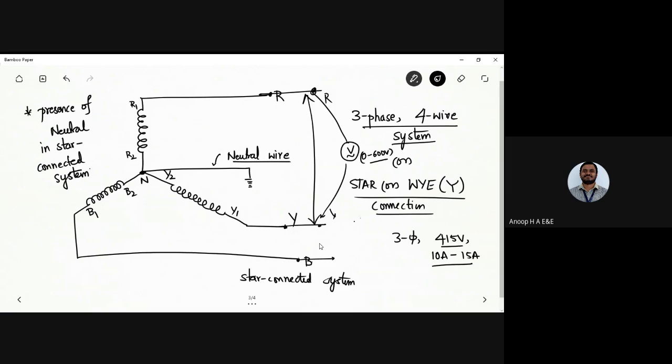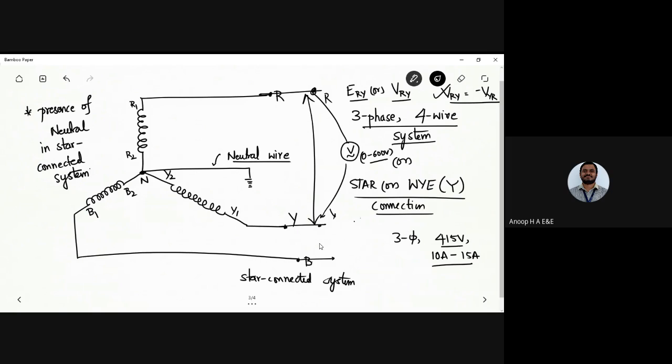For example, you will call this ERY, or we can call it VRY. So VRY will be equal to minus VYR, because if it reads a positive value and I interchange the connection, it would definitely read a negative value.